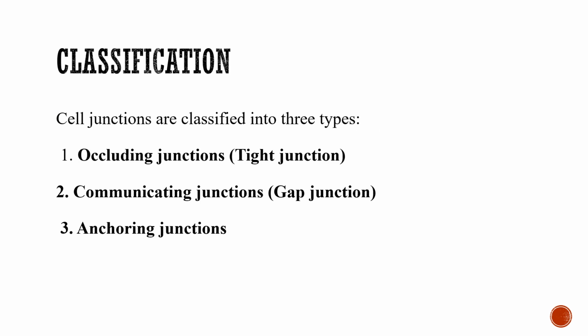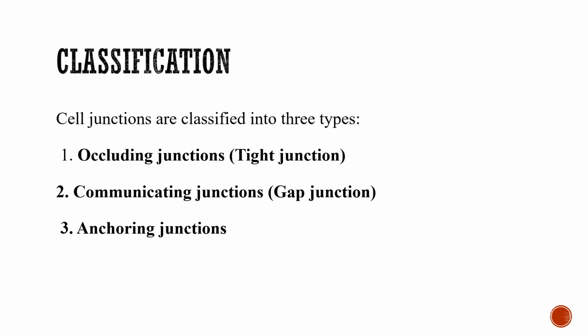And these junctions are classified into three types: occluding junction, communicating junction, and anchoring junction. The best example of occluding junction is tight junction, and communicating junction is gap junction. Occluding junction means it is going to prevent the passage of substances from one cell to the other cell. Occlude means it is a barrier for transporting substances from one cell to the other cell.